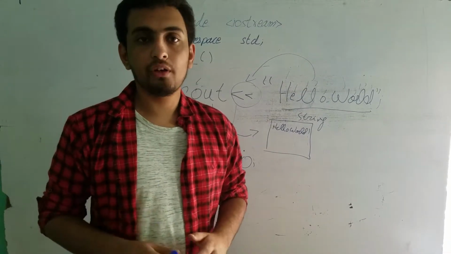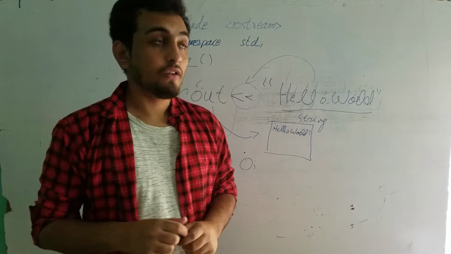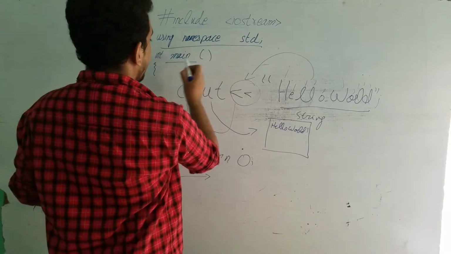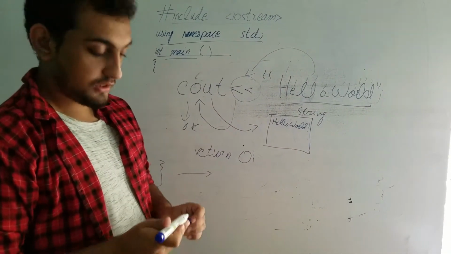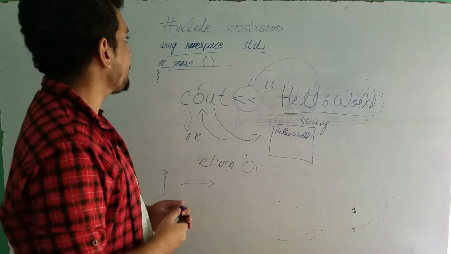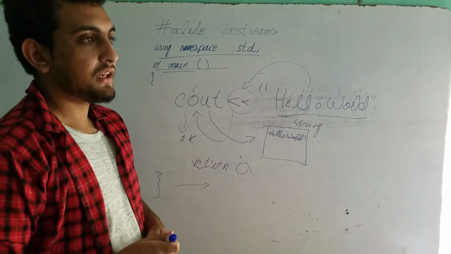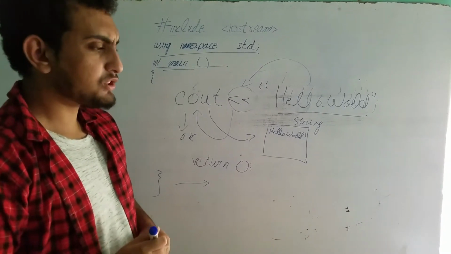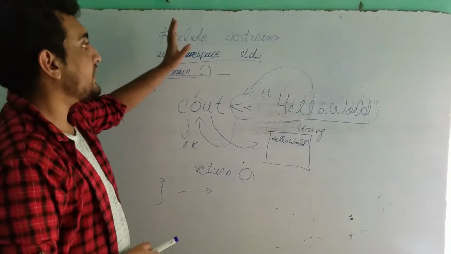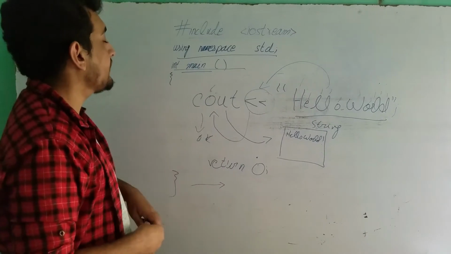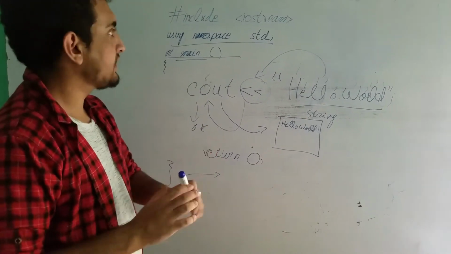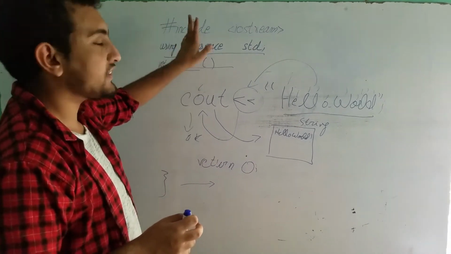One thing more that I told you in the previous lecture was that we have to write all the text that we have written here in lowercase. So why do we have to do that? C++ is a case sensitive language, which means that if we write any of the characters of include in capital, then it will say, hey, I don't know what this capital L in include means.